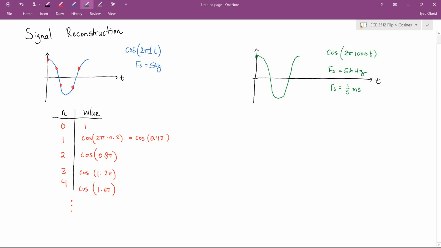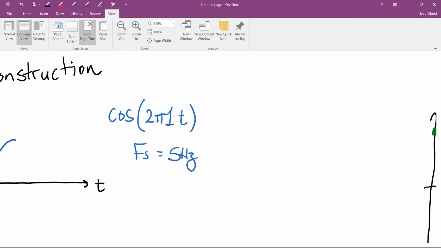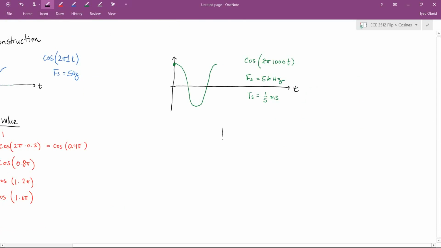My first sample will occur, let me make a little table here. So this is n, this is value. My first sample will occur at cosine of 2 pi 1000 times 0, which is 1.